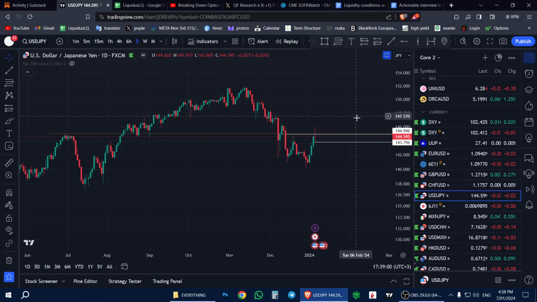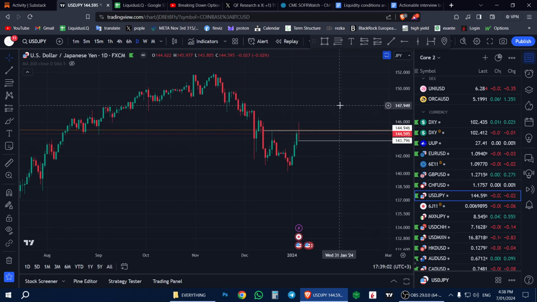JPY is pointing to the fact that yes, we've reached this low on a trending basis for rates and for currencies. JPY is very correlated and very sensitive to the forward expectation of Fed policy, and JPY is signaling the high probability of a higher-low creation right here on a daily basis.